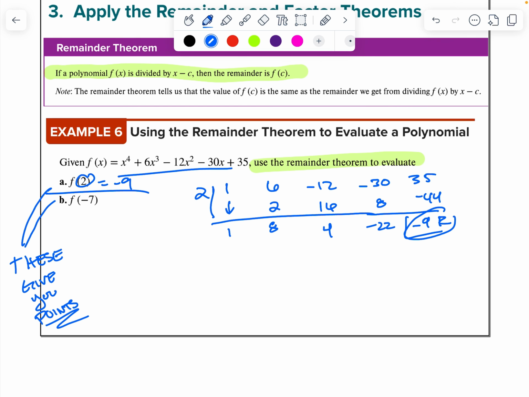Take a second and try f of -7. Multiply. Oh, I did 2 again. We want to do a -7.